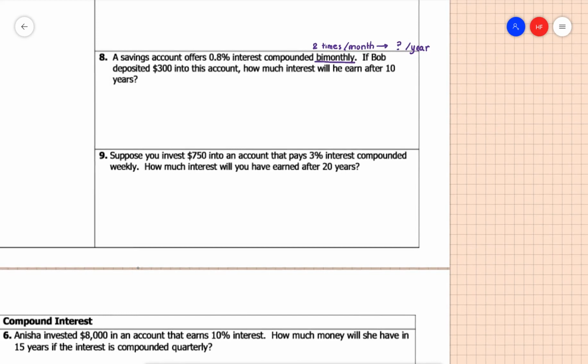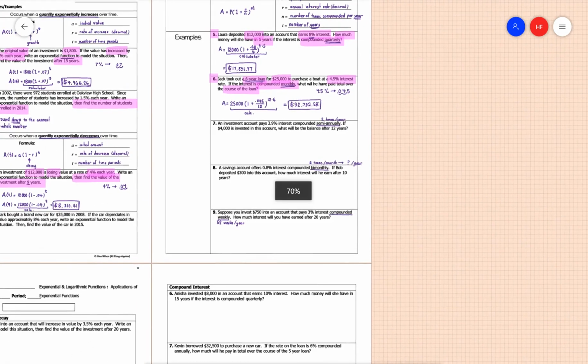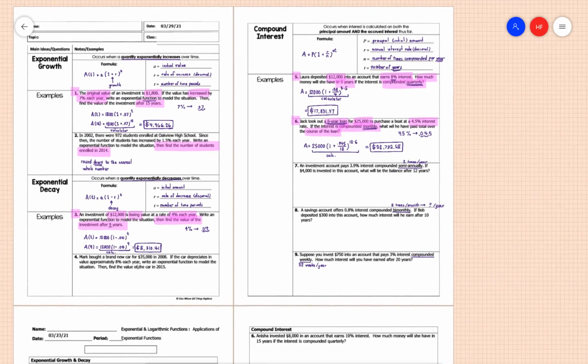So that's going to end up being your N. And then compounded weekly, there are 52 weeks in a year. So just some little pointers there for the compounded problems. So again, your homework will be 2, 4, 7, 8, 9, which are only 5 problems for you to work with these exponential growth, decay, and compound interest problems.